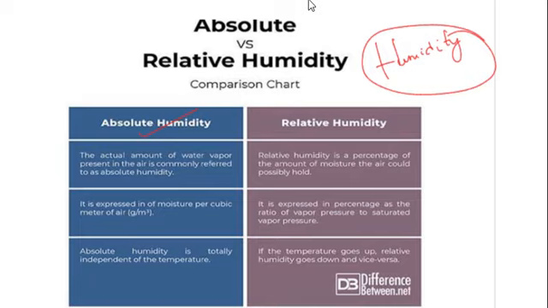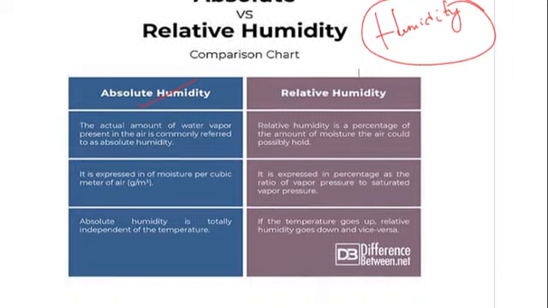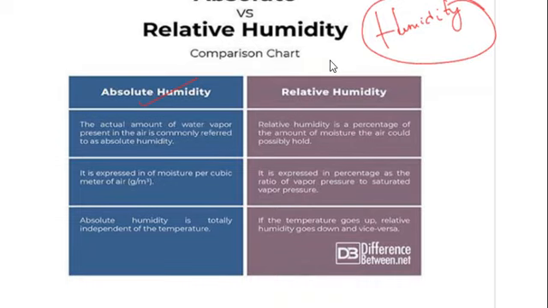Next, relative humidity. Relative humidity is the percentage of the amount of moisture that air could hold. I will give a good explanation about this. Suppose the temperature is 25 degrees. Here this is the air.